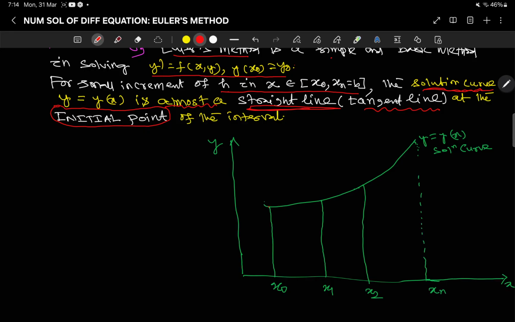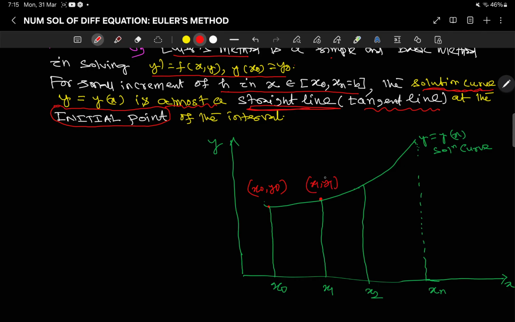Now this point is my initial point, I have my x0, y0. I draw a tangent at this point. And this is my x1, y1.